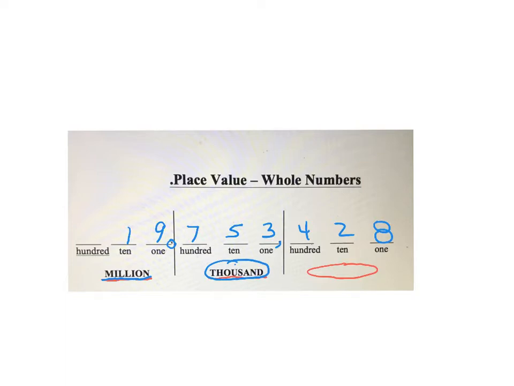And finally, the last one, 619,753,428. Just remember that the place value system continues to go off to the left here. The name of the next period would be the billions, and we could continue going on forever and ever.